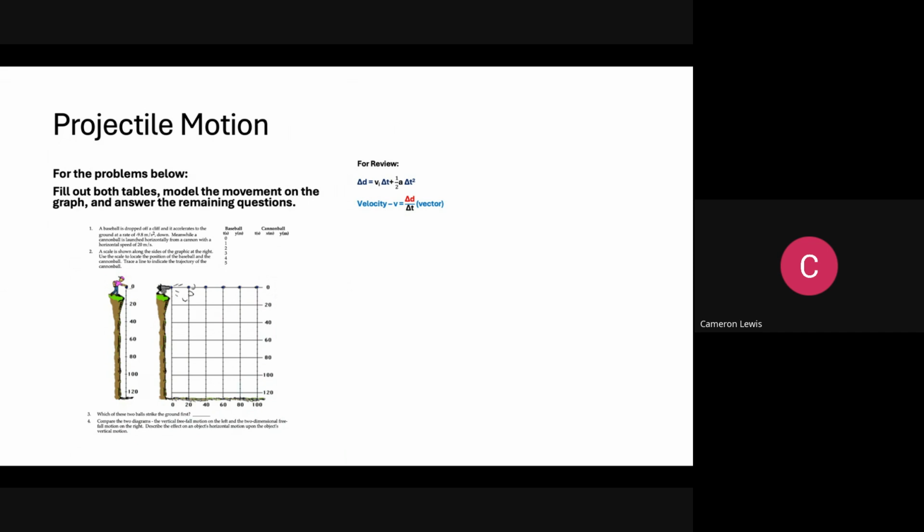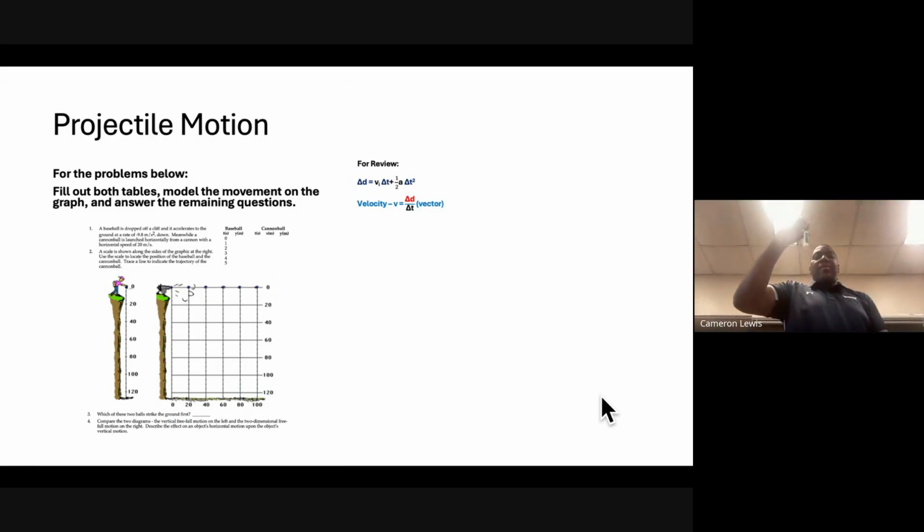So let's think about it. I have this marker in my hand. What does it look like if I just drop it? What type of motion is that? That's free fall.